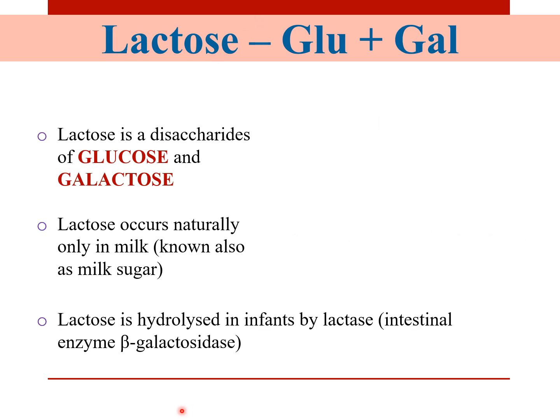Now move our attention to lactose. This one, lactose, I'm sure you heard of lactose intolerance, so we're going to visit that understanding as well. But firstly, lactose is made of glucose and galactose, and it's found in milk.